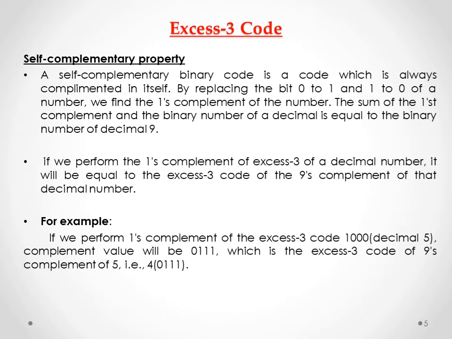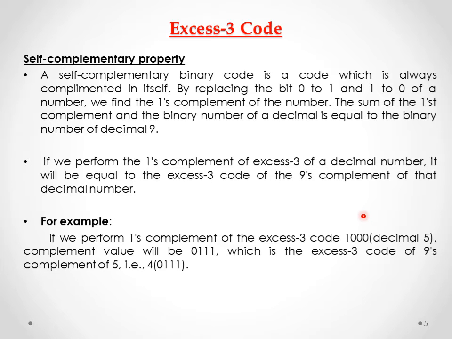Excess-3 code has the self-complementary property. That means a code which is always complemented in itself. To obtain the self-complementary property, first we have to take the one's complement of the given number. For example, take the decimal 5 in Excess-3.